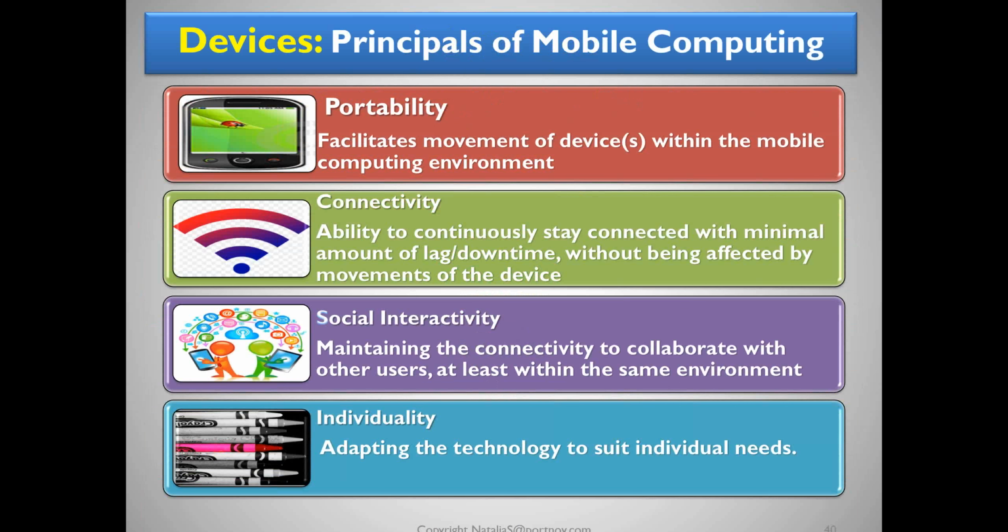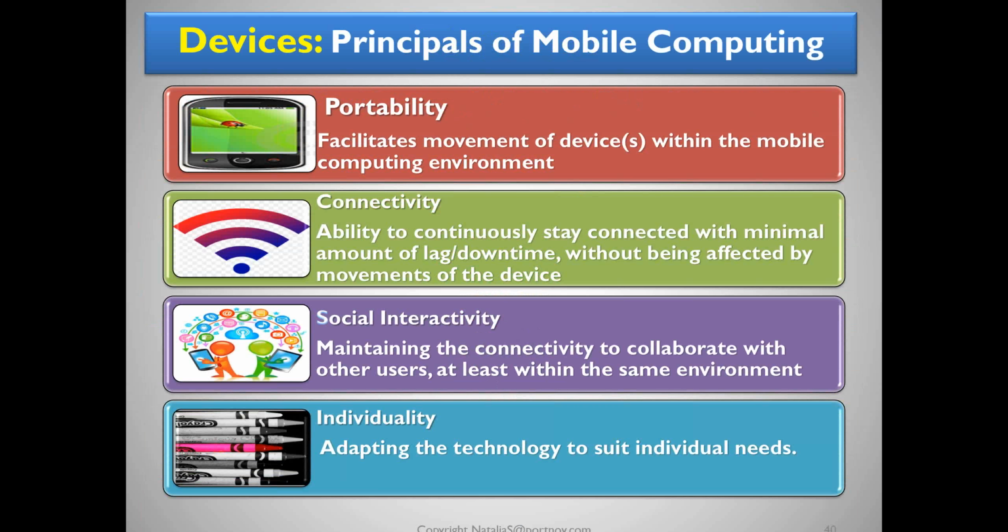So basically, when you are testing your application, there are 4 major things that you have to keep in mind. Portability: it facilitates movement of the device within the mobile computing environment.